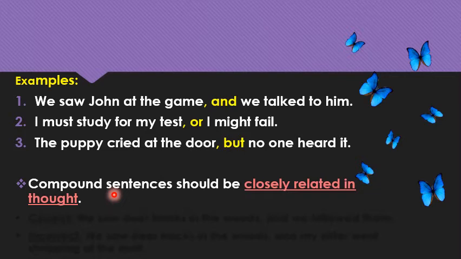I have to have a compound sentence made of two sentences closely related to each other in thought. This is very important, okay? These two sentences that are used in a compound sentence should be closely related in thought. They should have the same idea, okay?